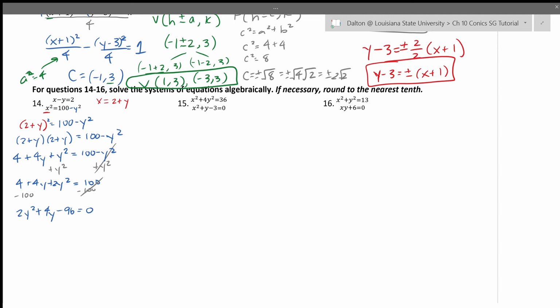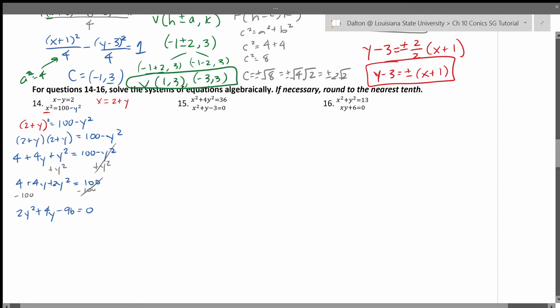Some of you may go directly to the quadratic formula. I always try to factor first if possible. First method of factoring you should always try is GCF, greatest common factor. I noticed that all three of these terms have a 2 in common. So if I factor out a 2, I'm left with y squared plus 2y minus 48 is equal to 0.